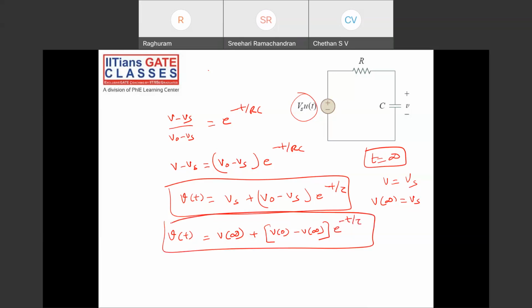What is tau? Tau is equal to RC. This is important.